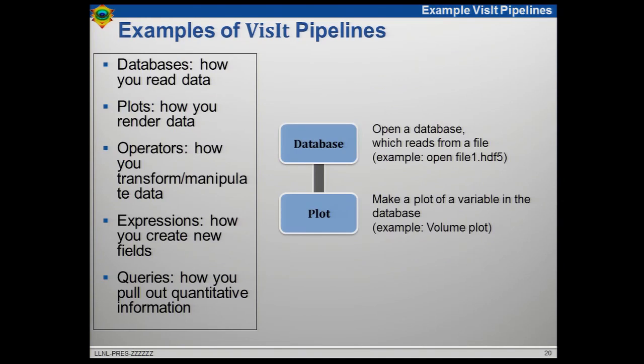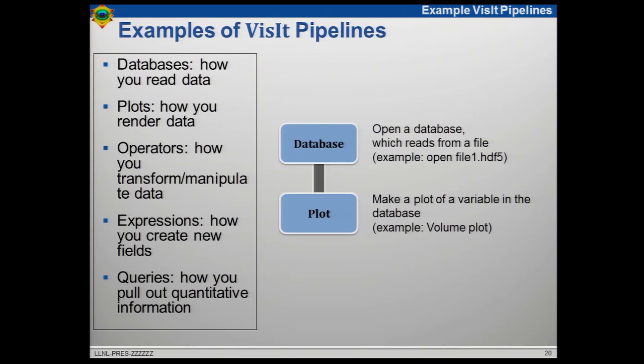Pipelines, this is my favorite topic. So here's how pipelines are organized in VisIt. We're going to see several scenarios. The first one will be to open a database and do a plot. The plot is the name inside VisIt for how you render your data, and then you can modify the way you render your data by adding an operator.